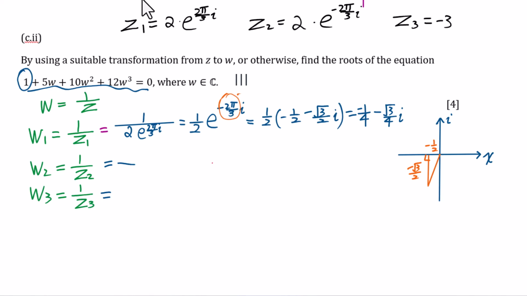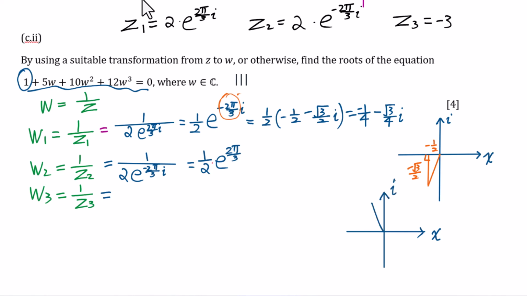w2 equals 1 over 2 times e to the power of negative 2 pi over 3 i, which is 1 over 2 times e to the power of 2 pi over 3 i. Go to this Argand diagram. Since the reference angle is pi over 3, the hypotenuse is closer to the y-axis, square root of 3 over 2, negative 1 half.